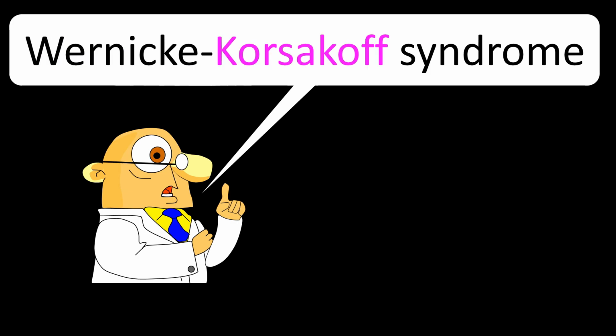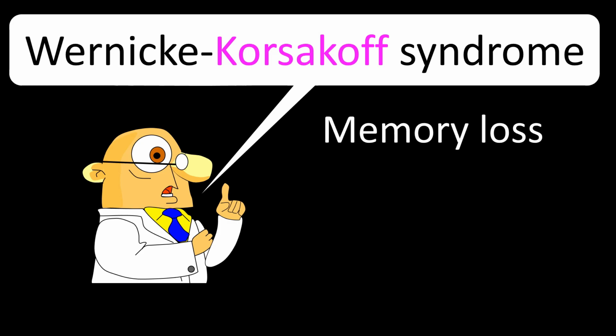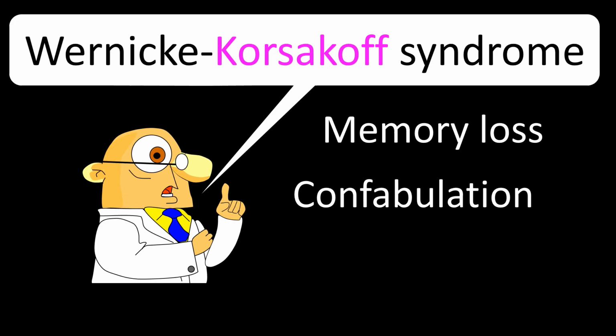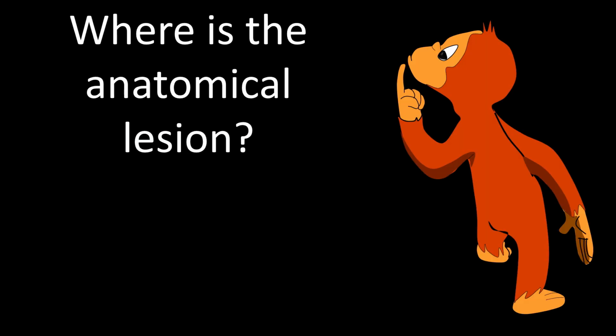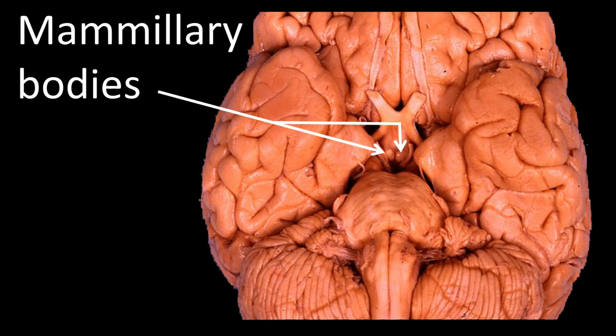The added term of Korsakoff implies chronicity and irreversibility. The clinical manifestations of Korsakoff syndrome are memory loss, confabulation, and psychosis. The anatomical lesion in patients with Wernicke-Korsakoff syndrome is scattered. The sites with the most prominent abnormalities are the mammillary bodies.